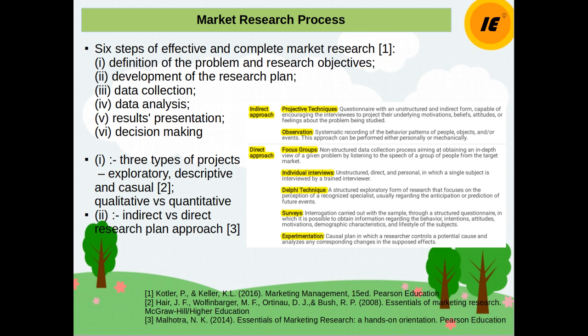Similarly, multivariate analysis. So to sum up, in this slide, what we try to explain is what the market research process is in general terms, not specifically related to product development, but what it means.